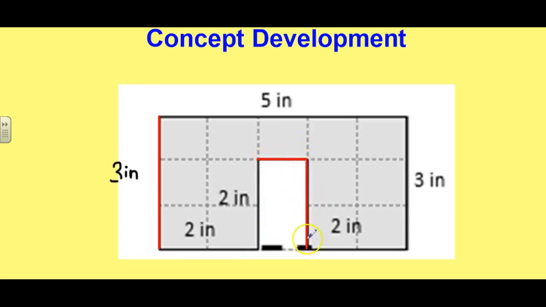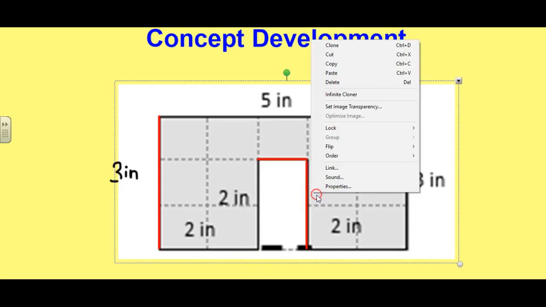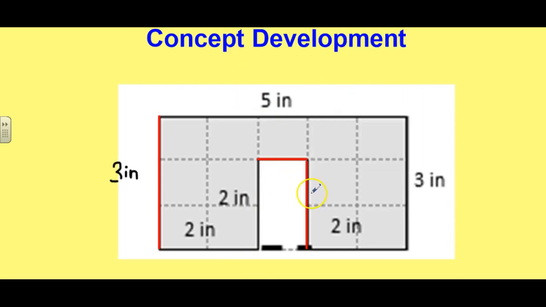But now when I'm looking here, I can see that this side length is the same as this side length. So this side length right here is also going to be 2 inches, just like the opposite side is. If I can get it to write in. Okay, now we're going to do this just like we did the other one.